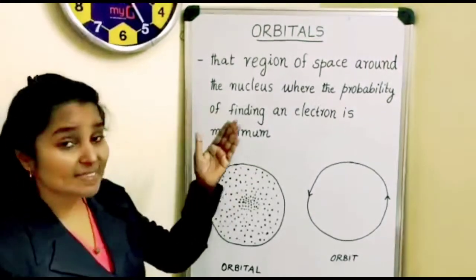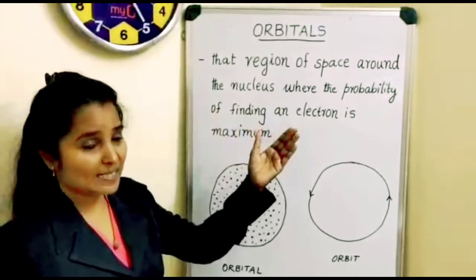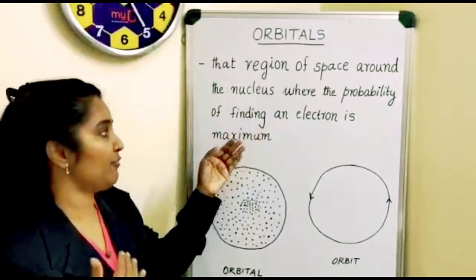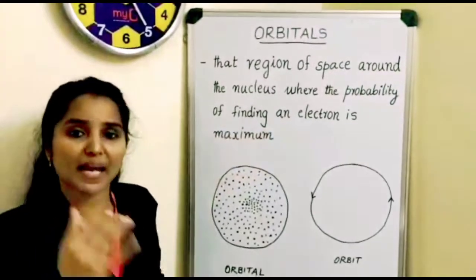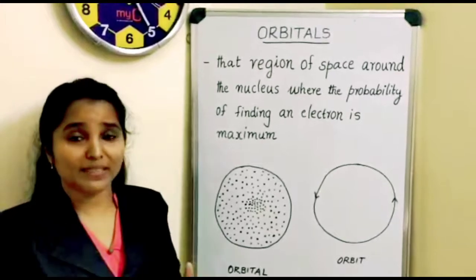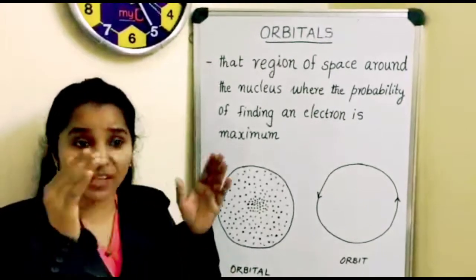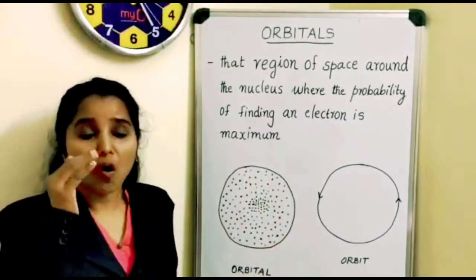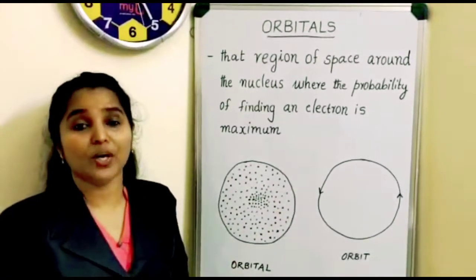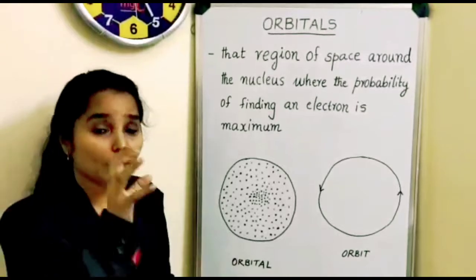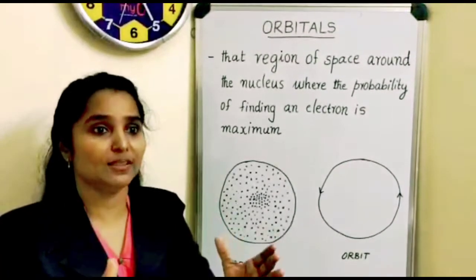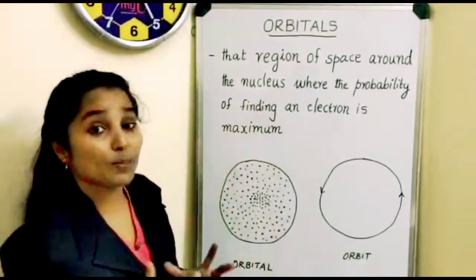An orbital is that region of space around the nucleus where the probability of finding an electron is maximum. So from now onwards, an orbit is no more a spherical shape or a fixed round circle. The orbit concept came to a better concept, that is orbitals.